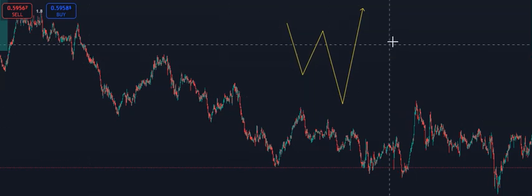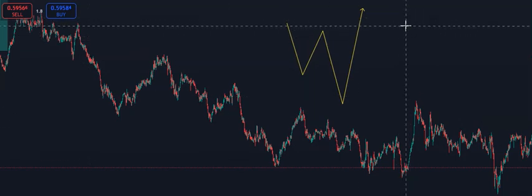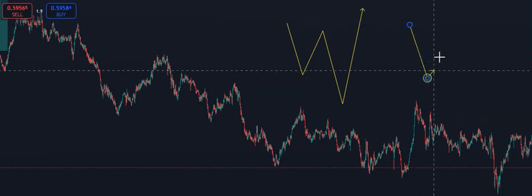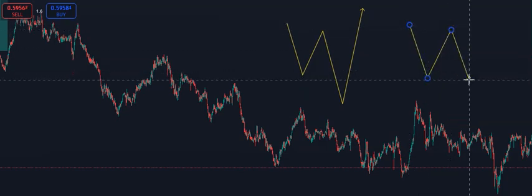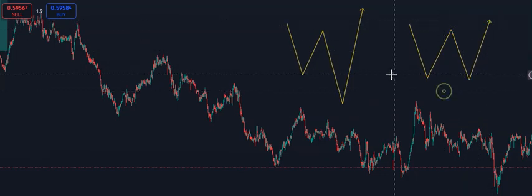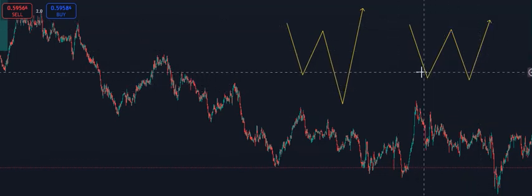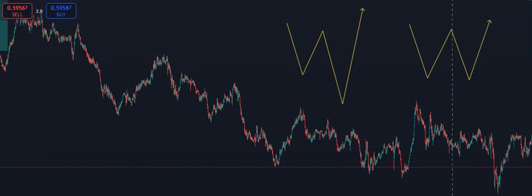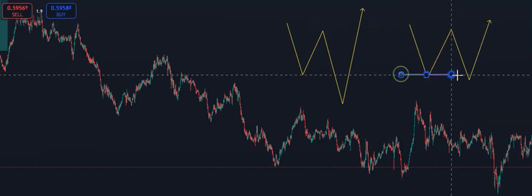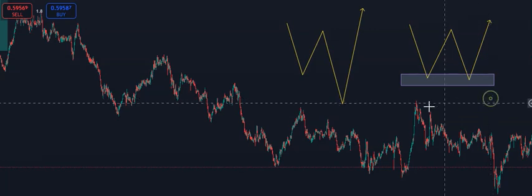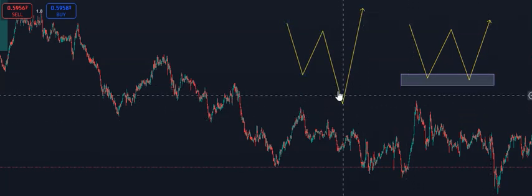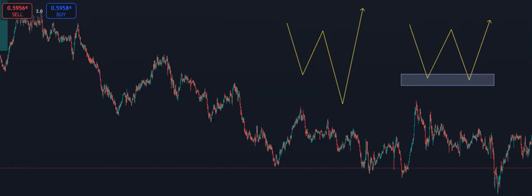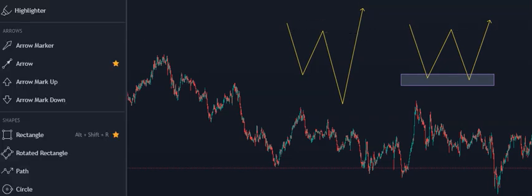And another one that is also common is the equal lows and then the equal highs. It's the same as the support and resistance instance I gave, where price hits a certain zone or certain area twice, and then we think it's a strong support and resistance area, and so we can place our stop loss below it or above it, depending on if you want to buy or you want to sell.